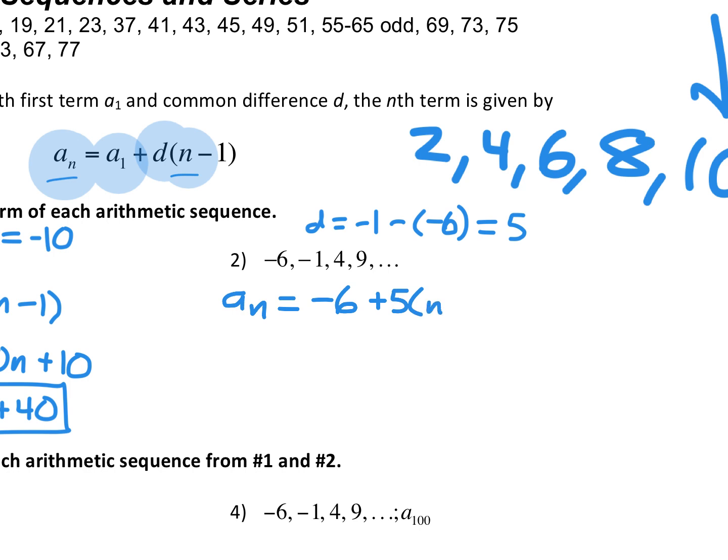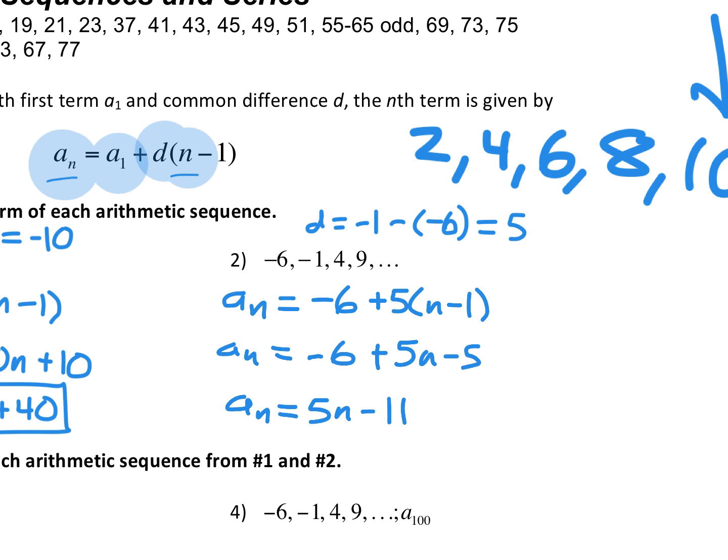We don't plug in for n. Now we just simplify. -6 plus 5n minus 5. So an equals 5n minus 11. And if you want to double check your work, if you plug in 1, you do get -6. If you plug in 2, you get -1, and so on.